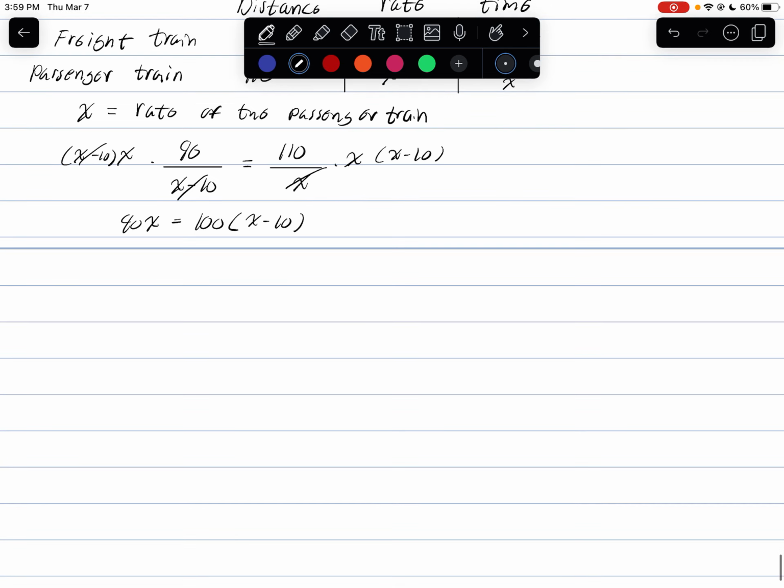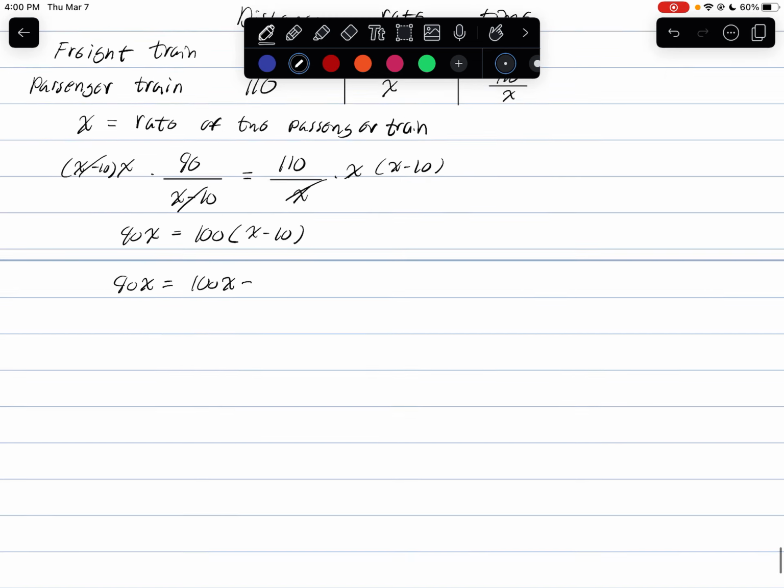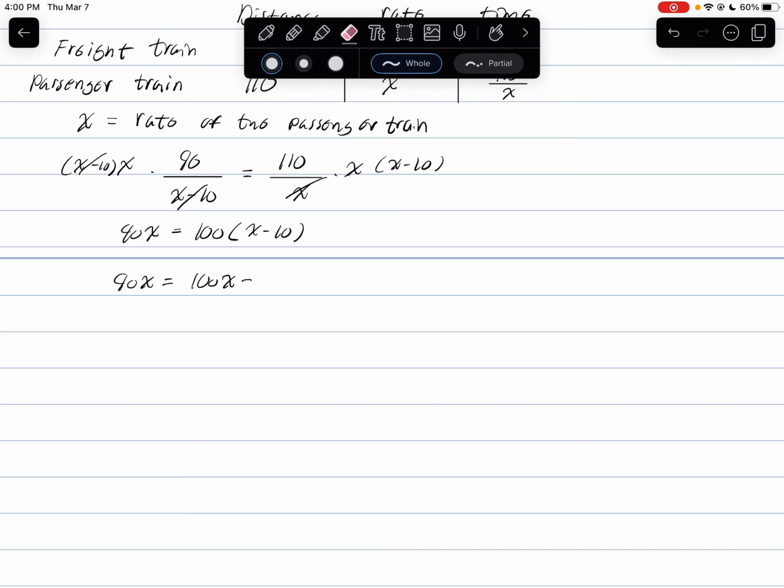If we simplify this, we get 90x is equal to 110x minus 1,100. I'm sorry, I keep saying 100. It's 110.